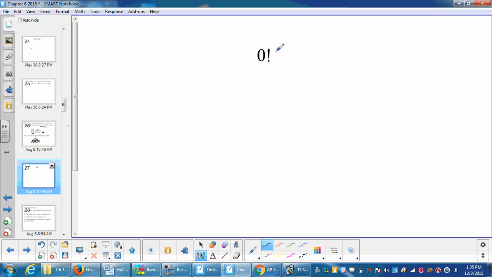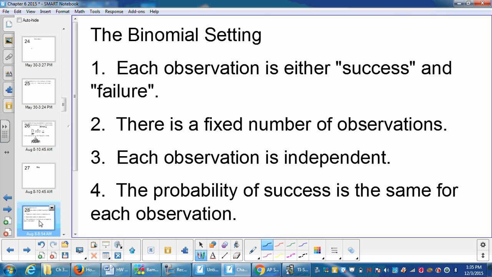Now, one important thing is to know that 0 factorial is defined as 1. So whenever there's a 0 factorial, we just use a 1. Now, what we did in the previous lesson was what we call a binomial setting. There are some things that have to be true if we're going to do a binomial setting. Each observation either has to be a success or a failure.